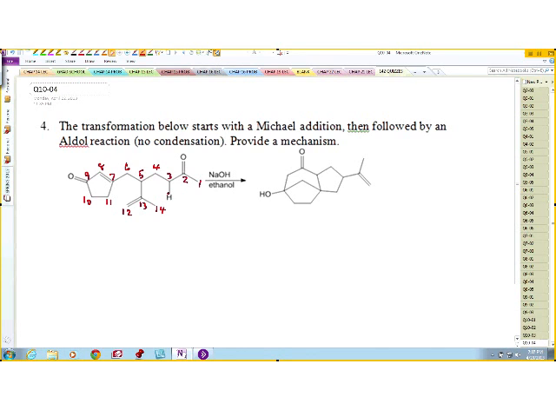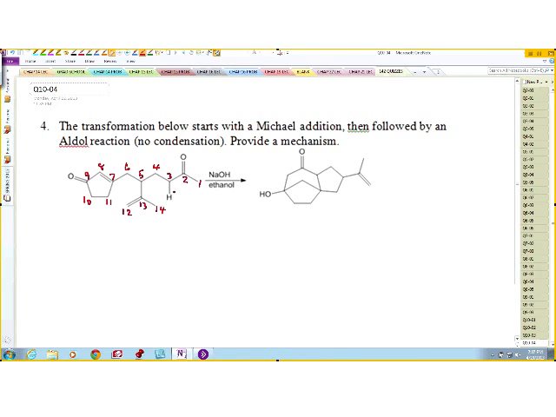What is the first thing you think we need to do? They have told you that you need to do a Michael addition. Keep in mind, for you to do a Michael addition, the first thing you need to do is form your enolate, which is your nucleophile, right? Okay? So where are you going to form the nucleophile here? What carbon? Carbon number 3.